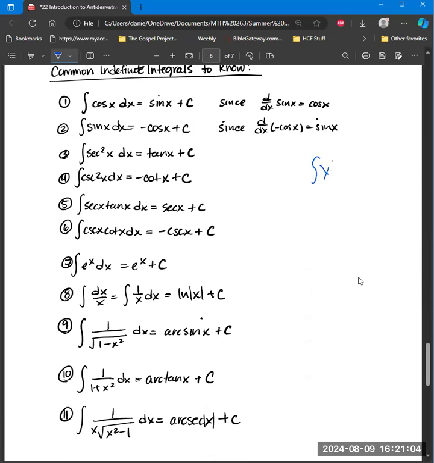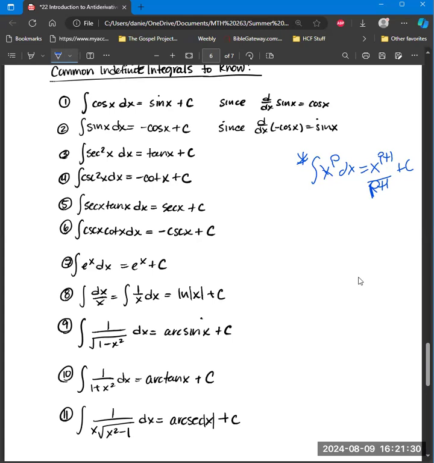The integral of x to the p dx is an important one that you need to know: it's x to the p plus 1 over p plus 1 plus c. That's your most important rule to know, because most everything we deal with in polynomials and such is going to be individual power functions like that.